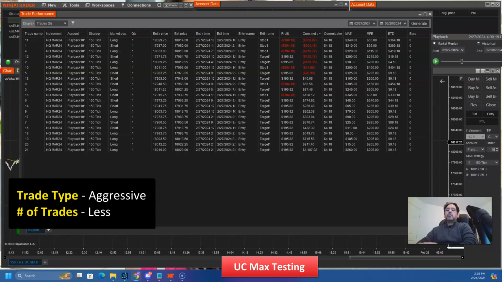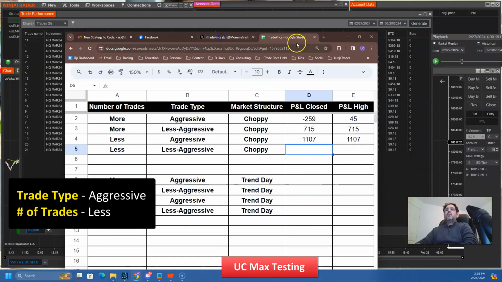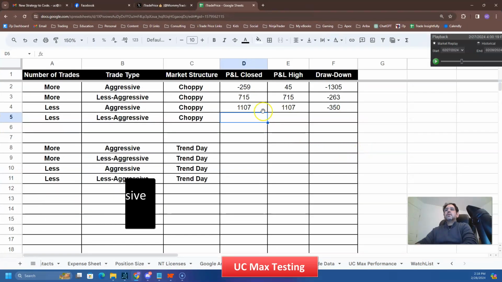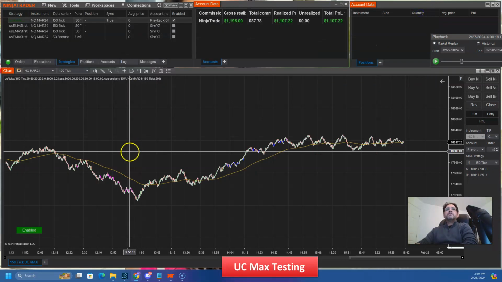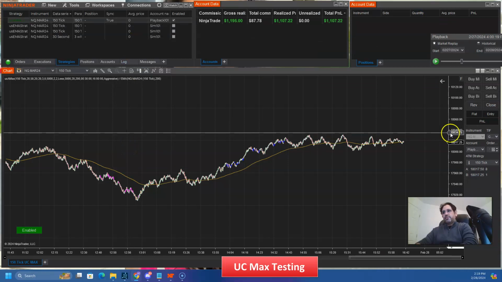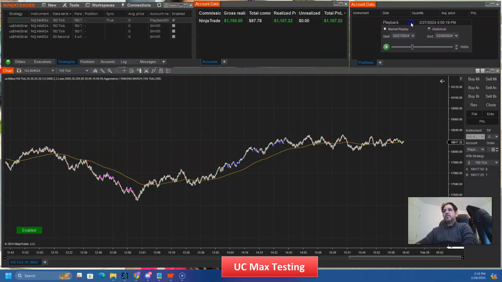So here we are right now. Okay, all right, and now let's go to the last setting, which is less aggressive and fewer trades. So it's like a very conservative setting.